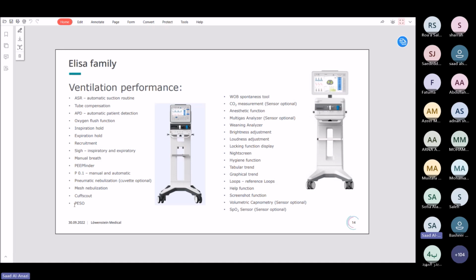We have a mini analyzer, for example, the CO2 multi-analyzer. We have also loops, and we have the screenshot for the suctioning, for the functioning that can be used for this ventilator.